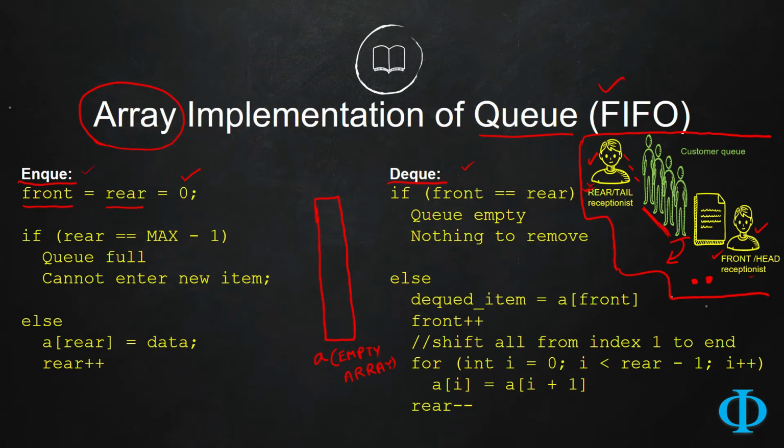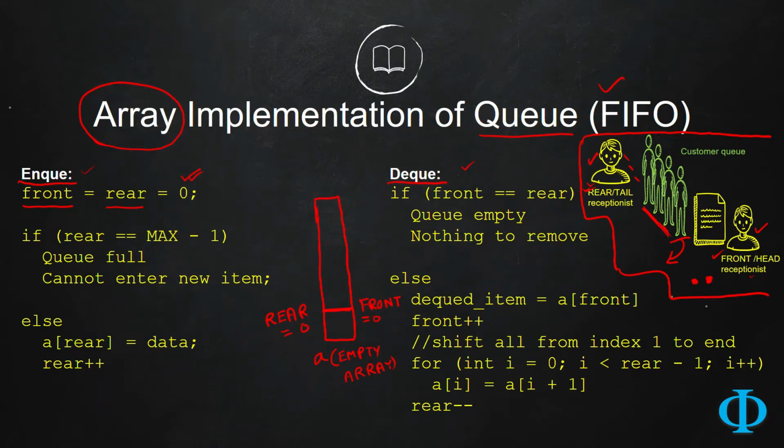So that's why we have initialized both of them to 0 to indicate the first place in our empty array. So both rear and front are initialized to 0 like this.